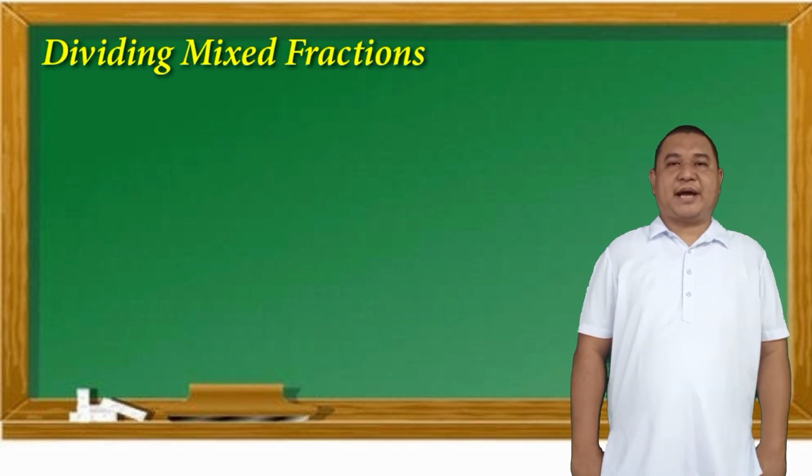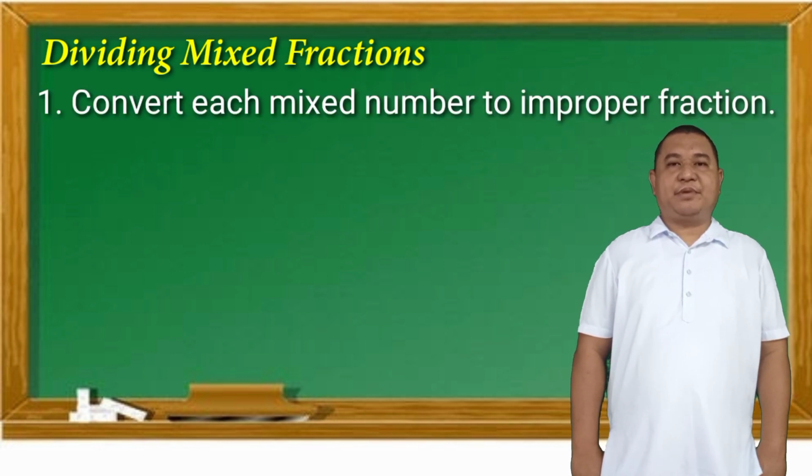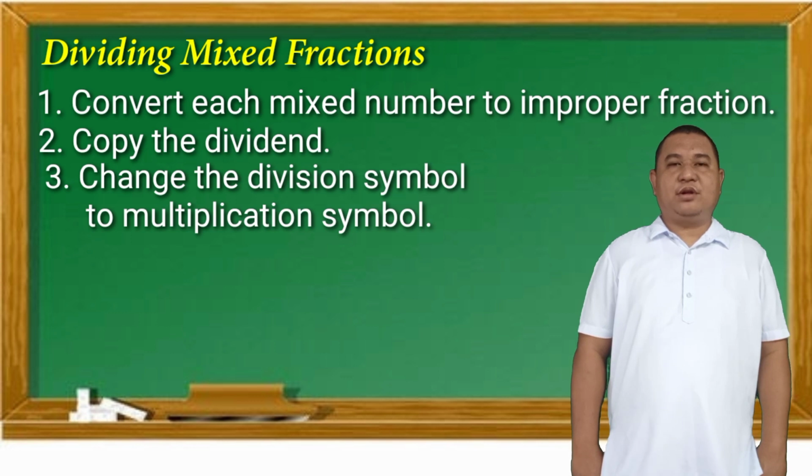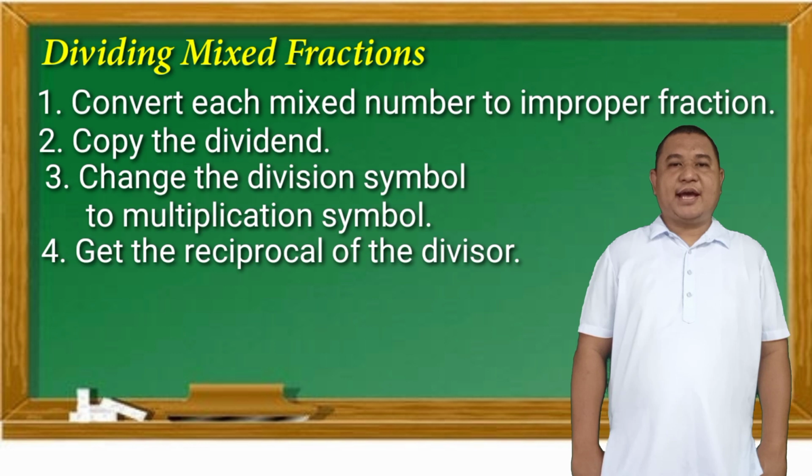In dividing mixed fractions, first, convert each mixed number to improper fraction. Second, copy the dividend. Third, change the division symbol to multiplication symbol. Fourth, get the reciprocal of the divisor.